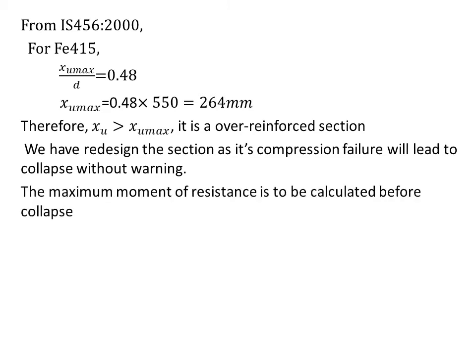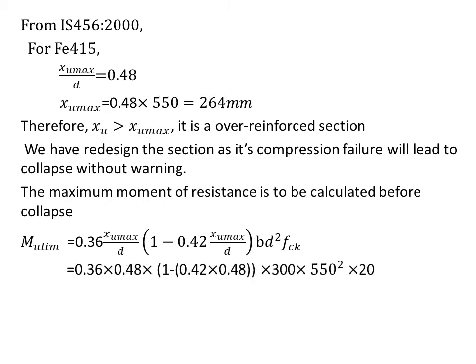So the maximum moment of resistance is to be calculated before collapse, that is Mu limit. In a balanced section, the moment of resistance will be equal to the maximum limit that the beam can withstand. So Mu limit is equal to 0.36 xu max by d into 1 minus 0.42 xu max by d into bd square fck.